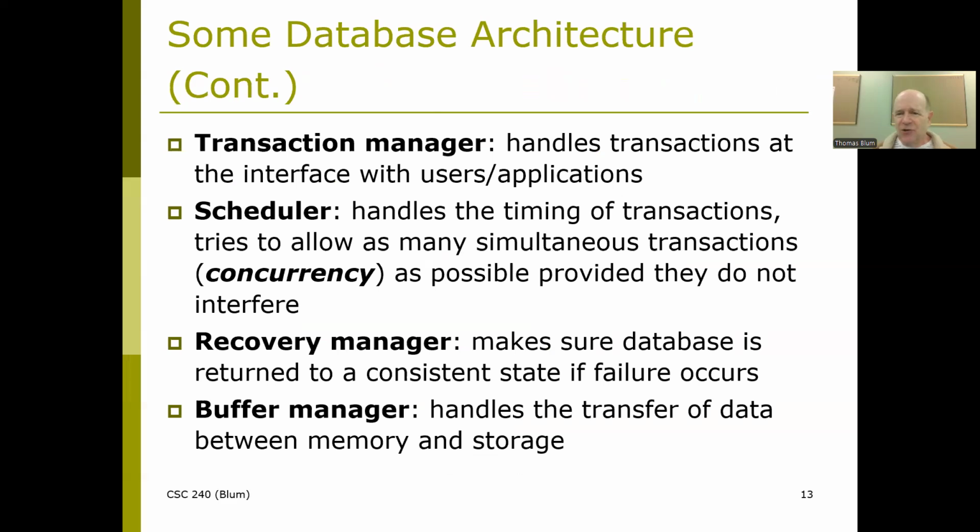There's a transaction manager, which interfaces with users or applications to find out what they want done. Then, especially when you have multiple users and that idea of isolated transactions, transactions have to be scheduled. When are we going to do them? That is part of the database management system.